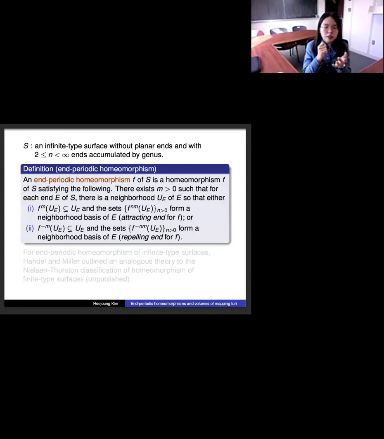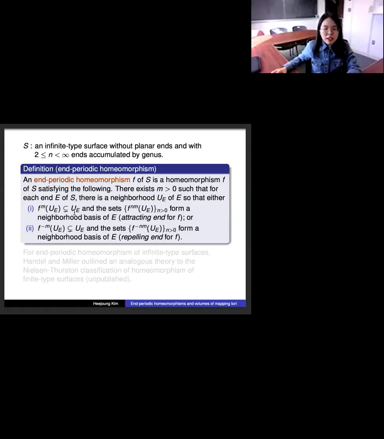There exists M such that for each end E of S, there exists a neighborhood U_E of E so that either F to the M of U_E is contained in U_E, so that it is shifted by one, and the sets F to the Mn of U_E form a neighborhood base of E. Or the negative power, F to the minus M of U_E, is contained in U_E, and the sets F to the minus Mn of U_E form a neighborhood base of the end.